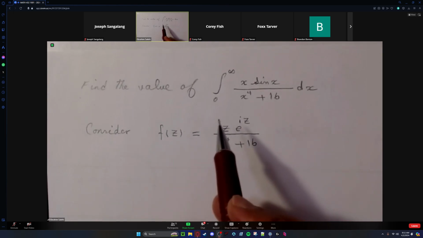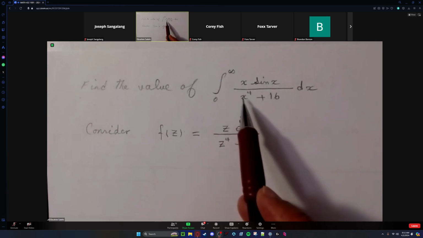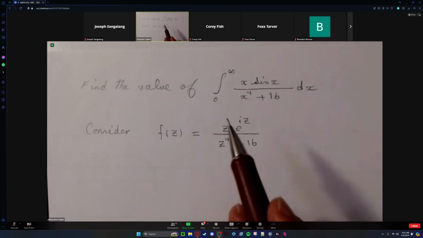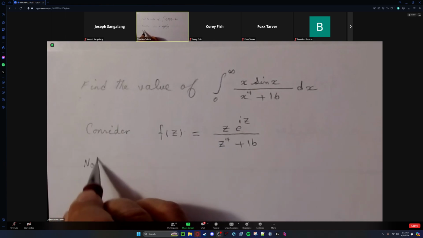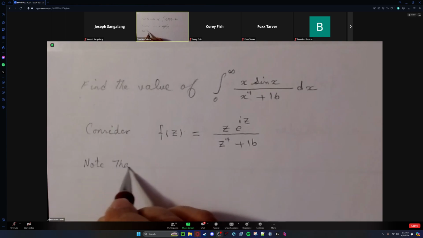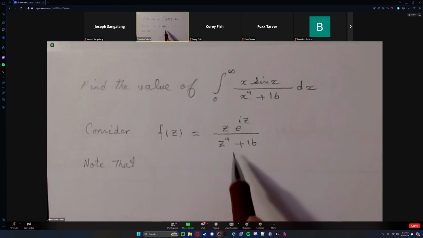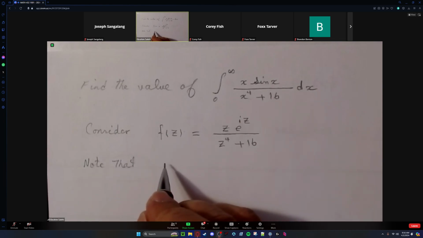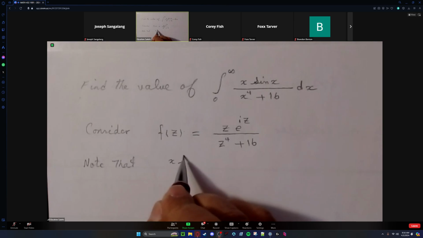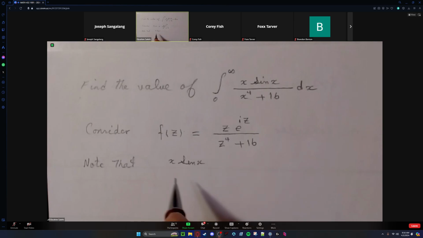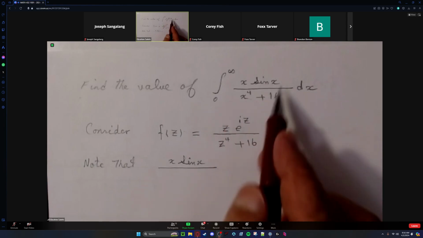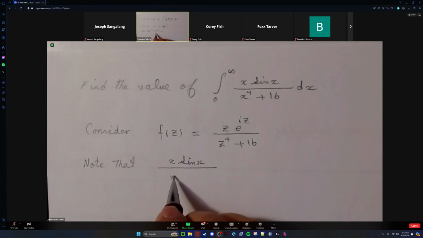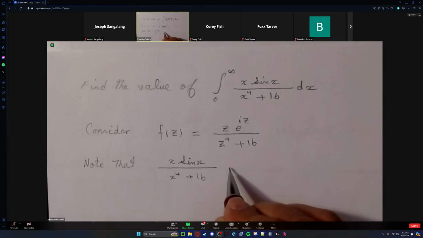Oh, by the way, this is an even function, all right? And so maybe I should emphasize that. Note that just this one, x sine x over x to the 4 plus 16, the integrand, is even.